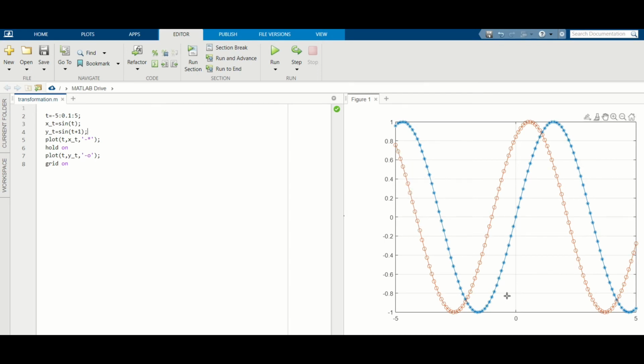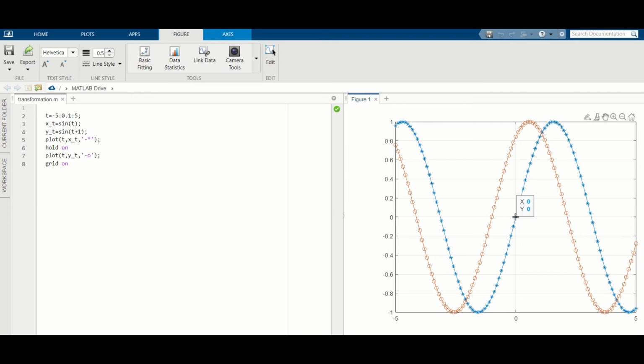So you can see what is happening here. If you see, this is your x equal to 0 and y equal to 0 line. So earlier this position was x equal to 0 comma 0. Now the function is basically shifting to a new value.